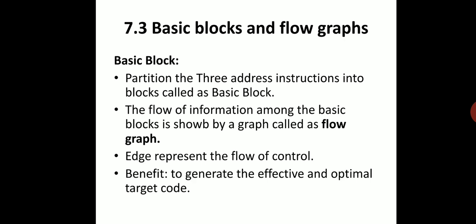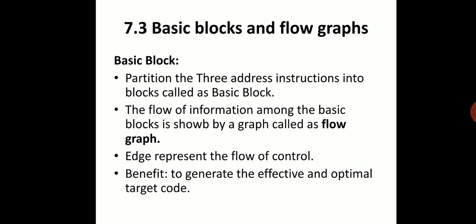The control flow information among the basic blocks is shown by a graph called a flow graph. Okay, so in the flow graph the nodes are nothing but the basic blocks, and there is a directed edge from one basic block to another basic block if and only if the control is transferring from one to another.